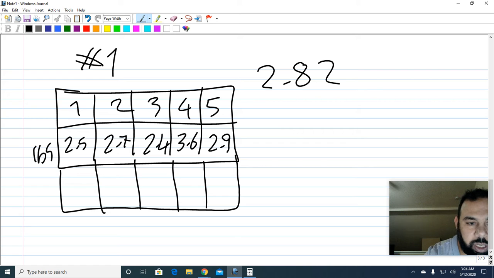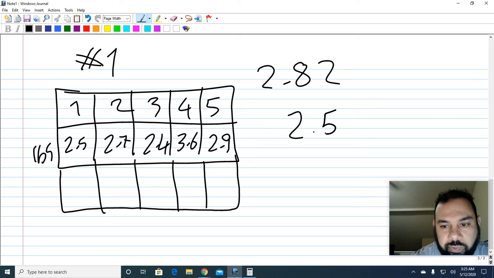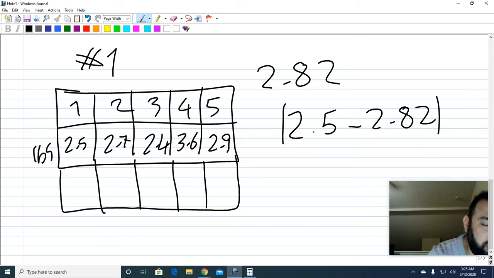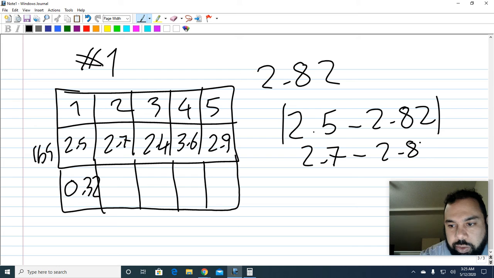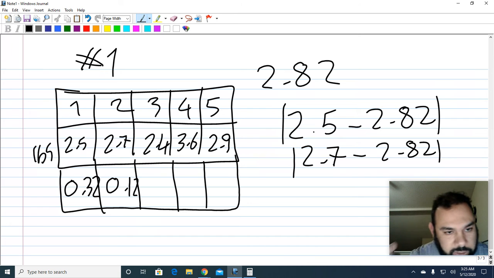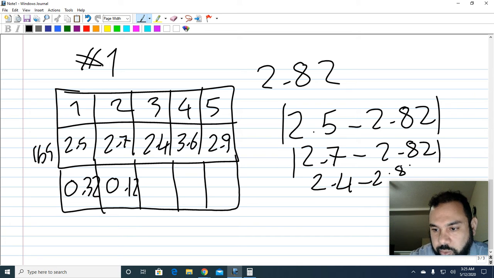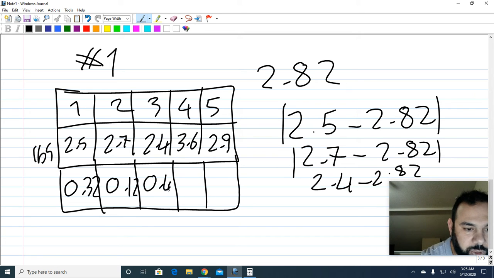For each one, you subtract the mean from your value. So 2.5 minus 2.82, and you find the absolute value. This will be 0.32. Then 2.7 minus 2.82, absolute value, this will be 0.12. Now it gives you a negative value, but it's an absolute value, so it's positive. 2.4 minus 2.82, this will be 0.42.